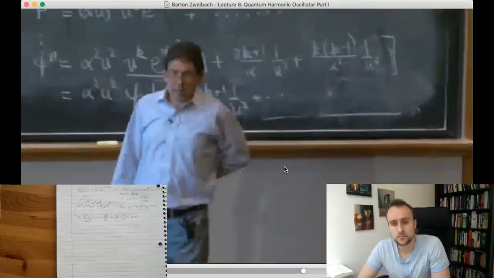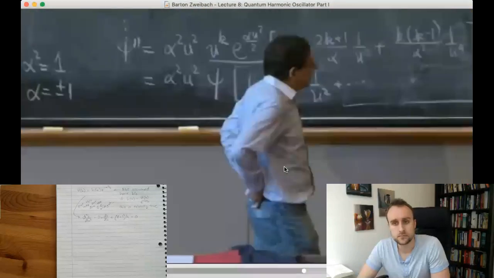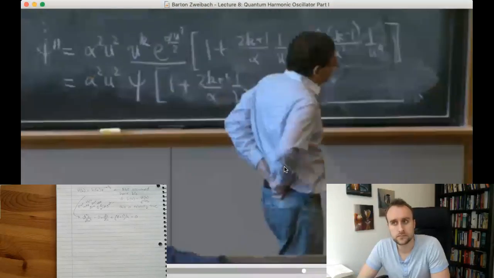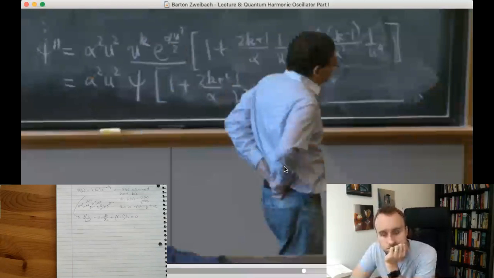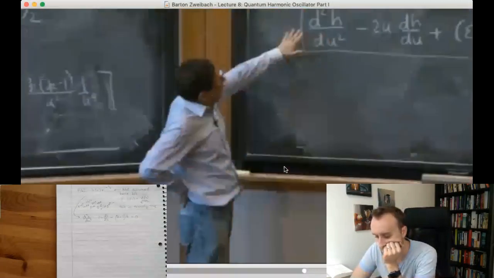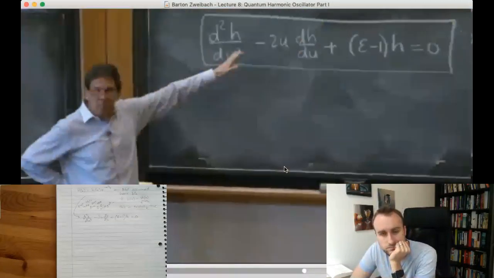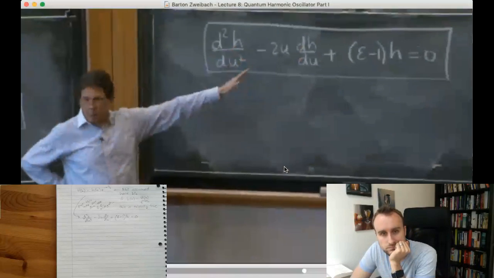Well, it's not a trivial equation again, but it can be solved by polynomials, and we'll see that. But the way we solve this equation is by a power series expansion.